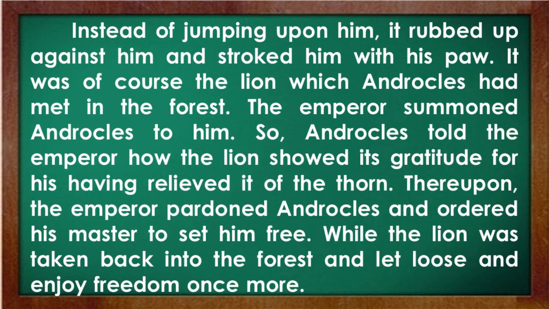The emperor summoned Androcles to him. So Androcles told the emperor how the lion showed its gratitude for his having relieved it of the thorn. Thereupon, the emperor pardoned Androcles and ordered his master to set him free, while the lion was taken back into the forest and let loose to enjoy freedom once more.